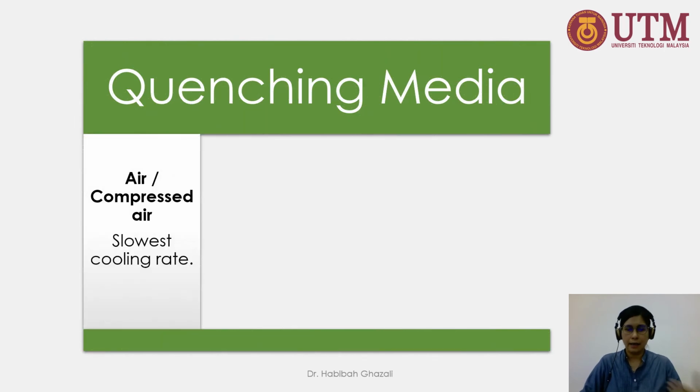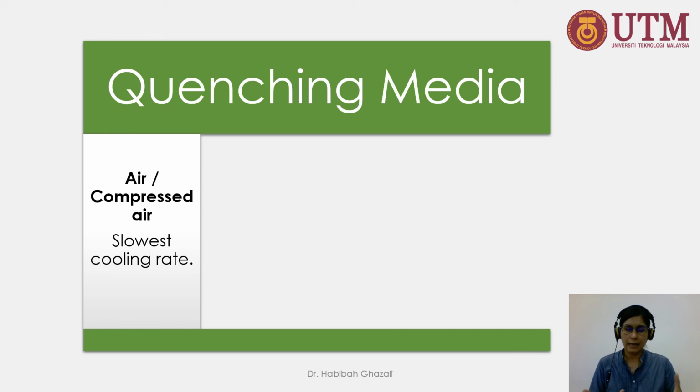So there are four most common quenching media that will give different cooling rates during the continuous cooling heat treatment process. The first one is air or compressed air, which will give the slowest cooling rate. This procedure is being used in a heat treatment known as normalizing.